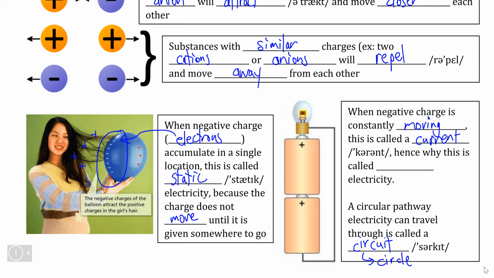And so to visualize this, if we actually draw on the electrons here, unlike static electricity, these electrons would be moving between the different ends of the battery through this connecting wire, and these electrons will never stop moving. And this is what we call an electrical current, also known as current electricity.